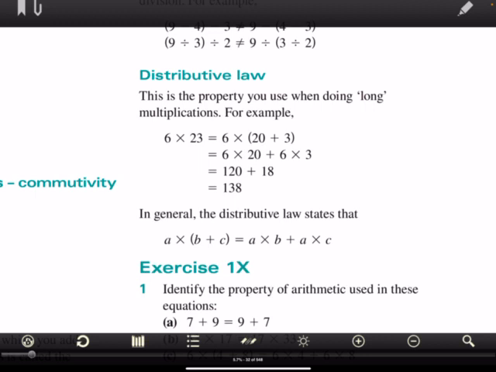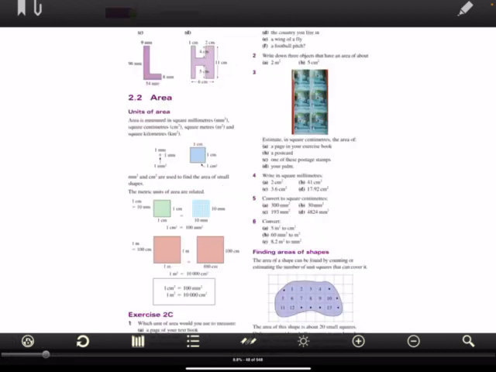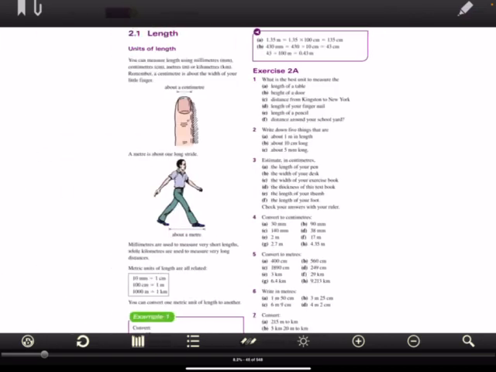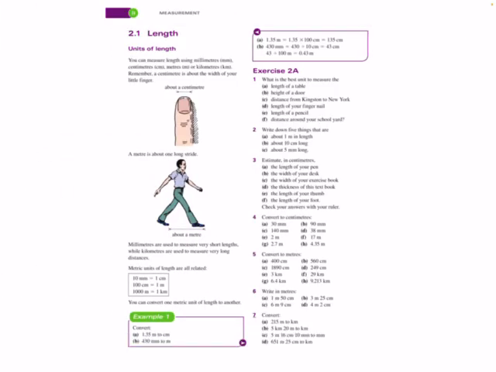The next chapter is chapter 2. Now, chapter 2, we will introduce units.